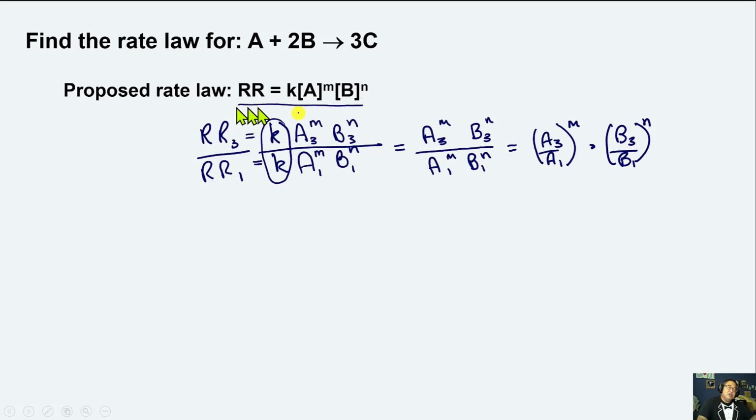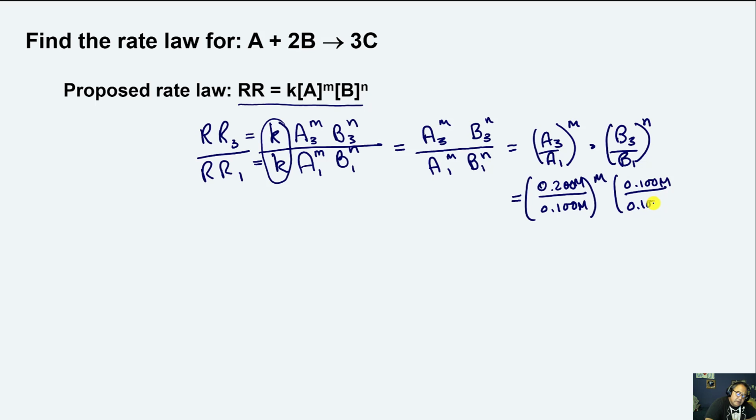So what does this equation do when you have that? What that means is this is going to be 0.200 molar like this, and 0.100 molar like that. This is all raised to the m power, times, and remember it was 0.100 molar for both, and then n here.